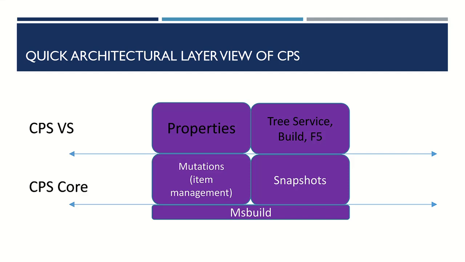It has a way to have your own property window and the tree surface, the build, F5, and many things. This architectural layer view is actually a simplified version. Maybe I should create a detailed one on the next video. But basically, CPS Core is the newer model, and .NET Core is using this guy, CPS VS.